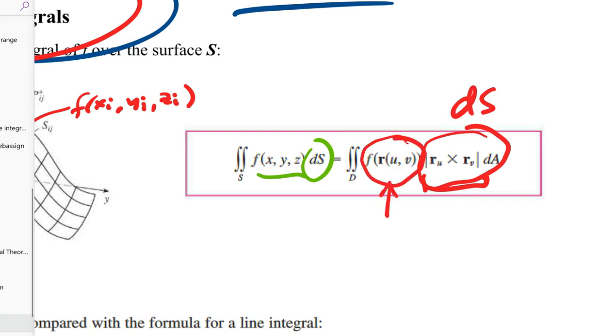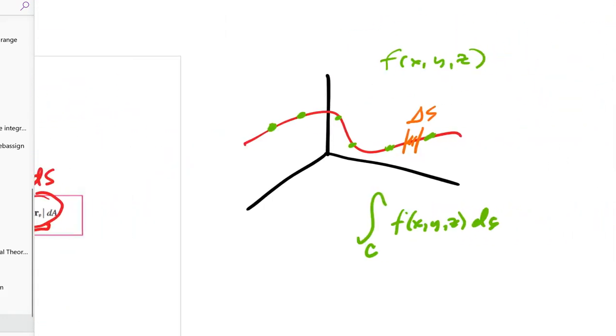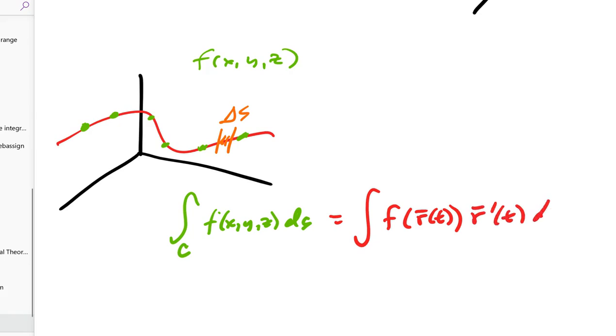Now, for the function value, you're plugging r of u, v into your function, because that's kind of what you did before. Remember, this was f of r of t multiplied times the length of r prime of t dt.